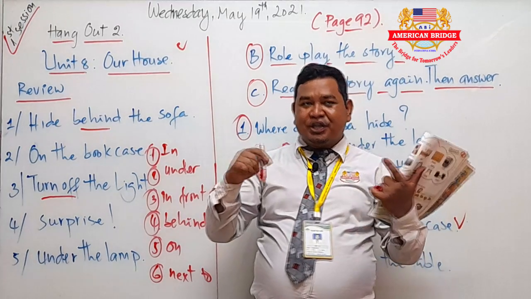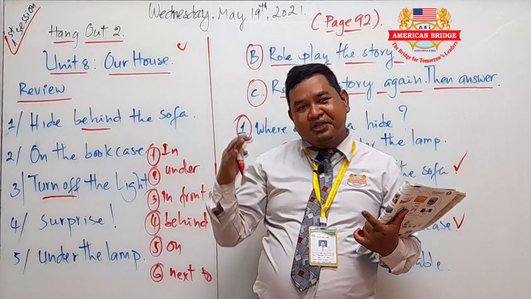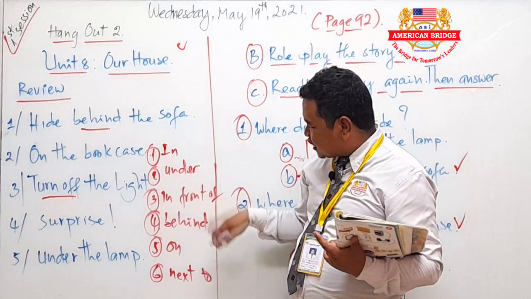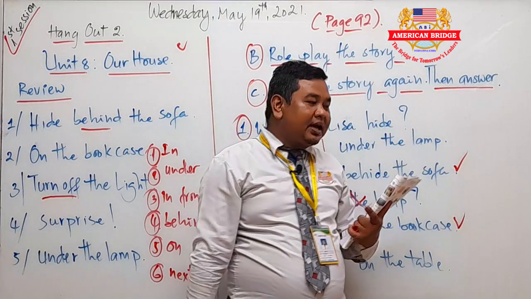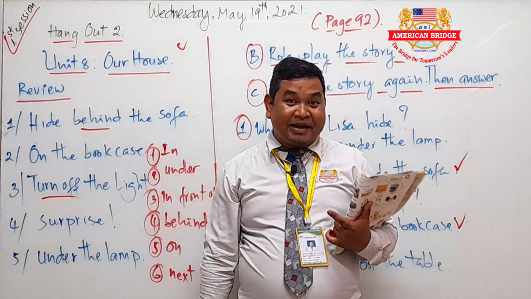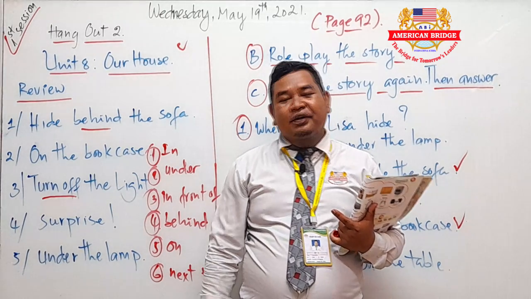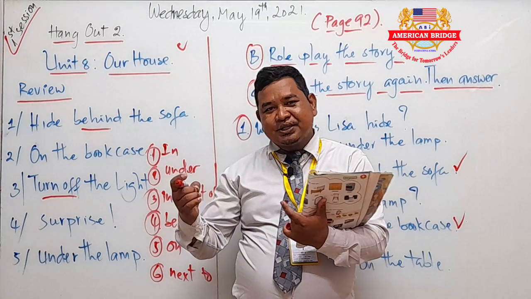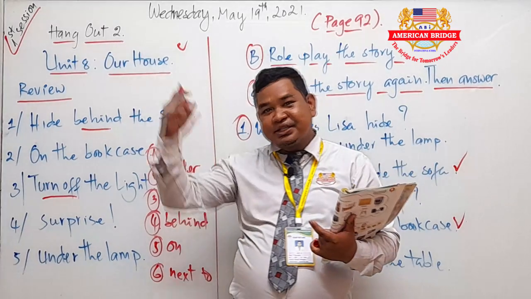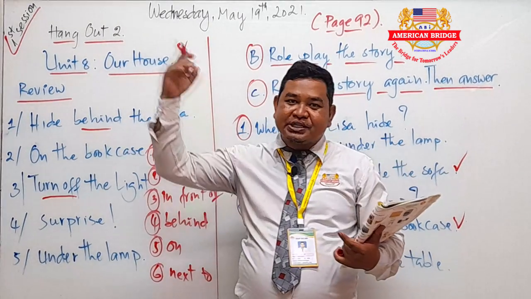If you want to know where, you have to know about the prepositions that I have explained here. For example, where do I put my lamp? I put my lamp on the bookcase. I put my lamp on the table. I put my lamp on the wall.